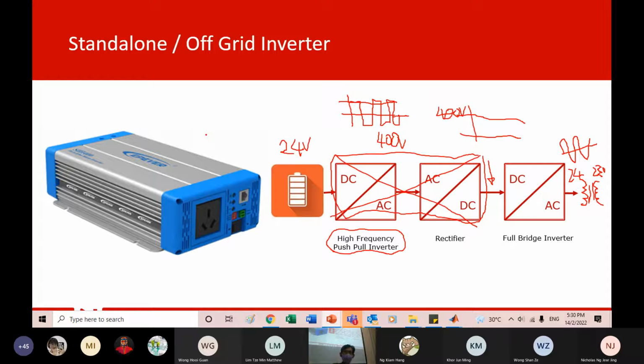They put the battery there, and you can operate a fridge or whatever electrical appliances you use in your house inside the bus. And also, of course, airplanes. They will have this inverter inside so that they can power up all the AC appliances inside the plane, or even a ship. So the ship also has this type of inverter.